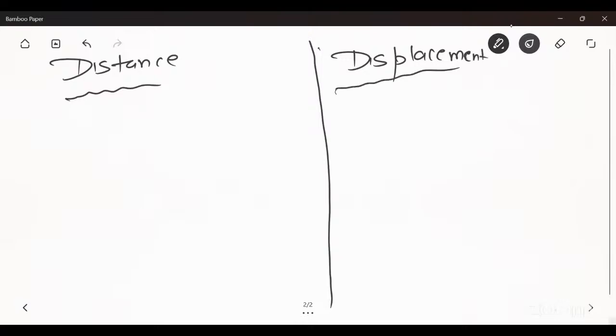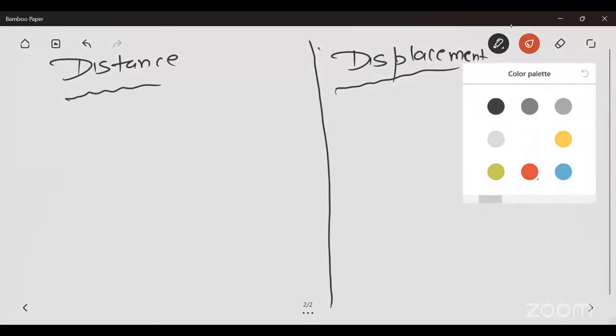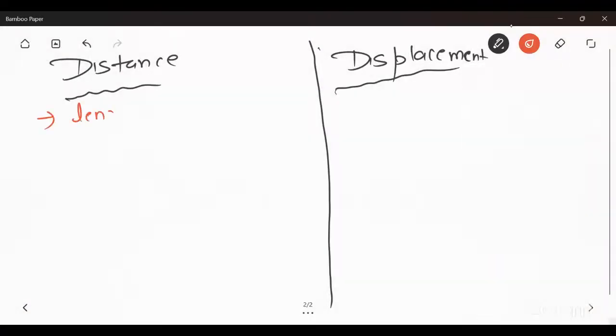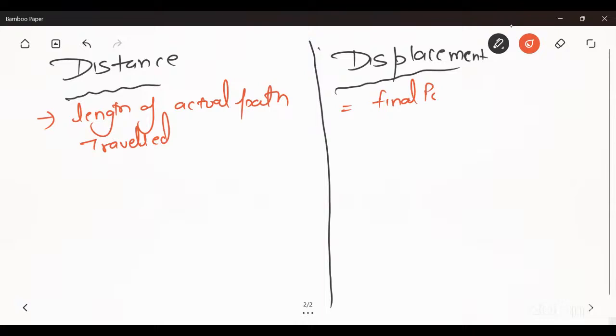So what is distance? It is the length of the actual path traveled. And what is displacement? It is final position minus initial position.